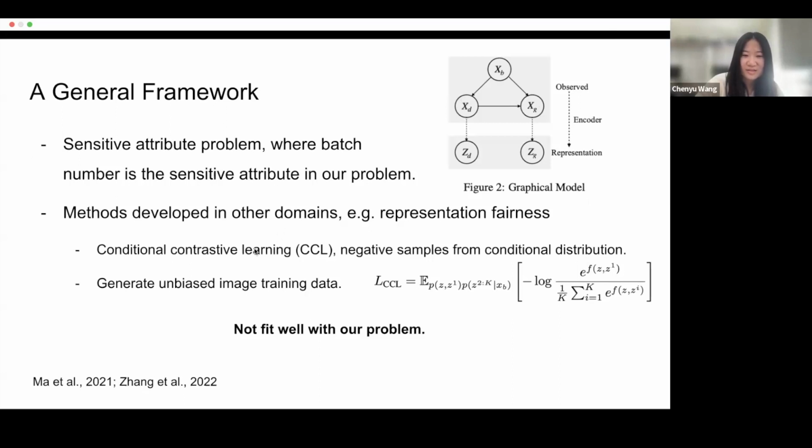So the first baseline is the conditional contrastive learning method. If we think about the conditional mutual information, a very simple way to handle it is, instead of sampling the negatives from a marginal distribution, to sample them from a conditional marginal distribution conditioned on the batch number XB. Then we apply the same InfoNCE loss as before.